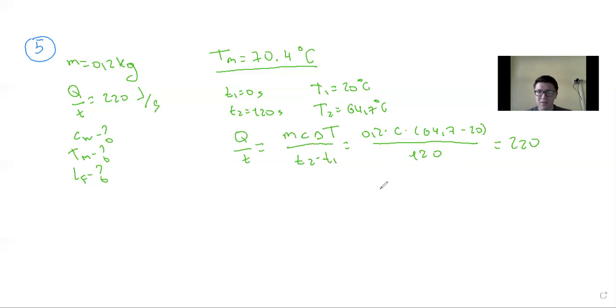And here we can find C. C equals, if we calculate everything, I actually get 2,953. I forgot the unit, joule per kilogram Celsius. That's our specific heat. So we found it.